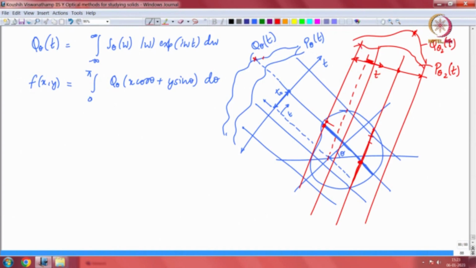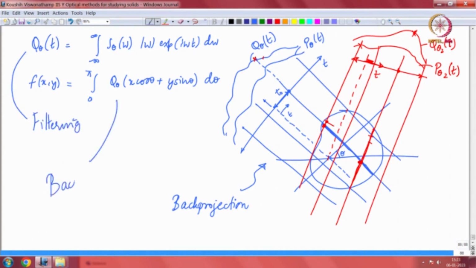So this process is called back projection. So you are projecting back the q thetas into the actual spatial domain, one projection at a time. Okay. So you have a filtering step, this is called a filtering step like we discussed, and this is called a back projection step.